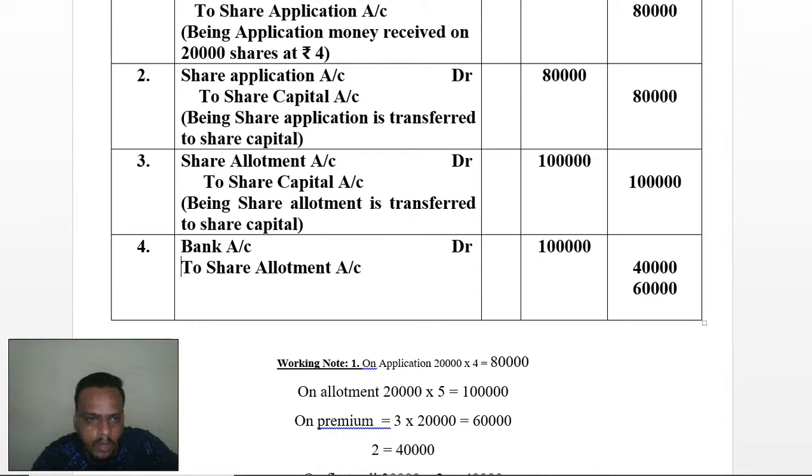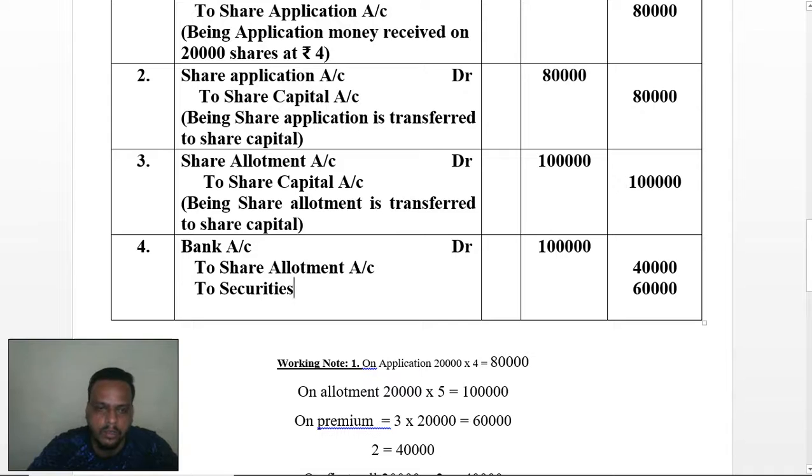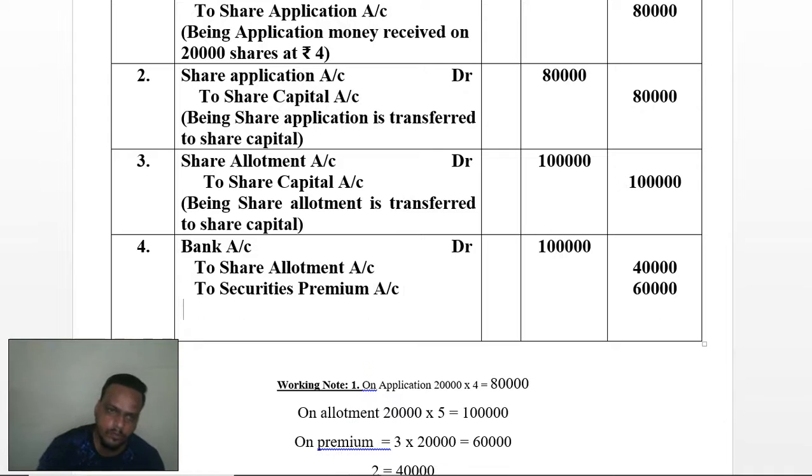Now you have to transfer the securities premium: to securities premium account. Here 60,000 rupees has been transferred.